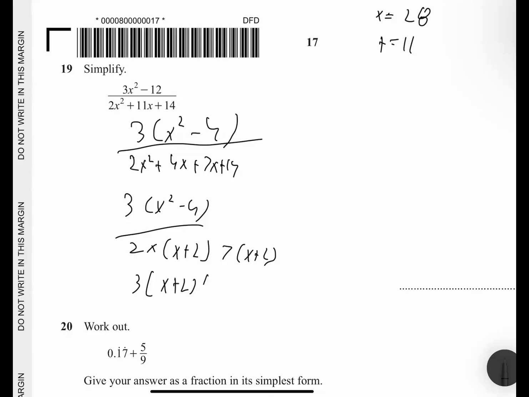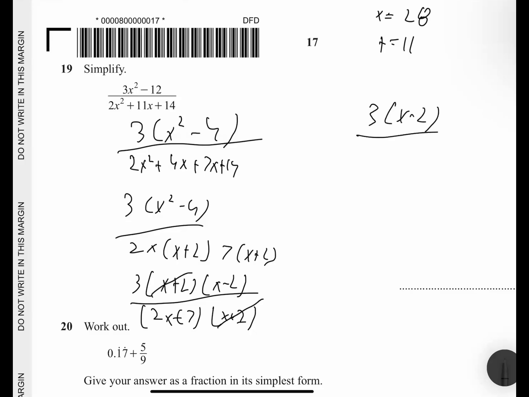So x plus 2, x minus 2 over 2x plus 7, and then x plus 2. So x plus 2 and x plus 2 get cancelled out. You're left with 3x minus 2 and 2x plus 7.